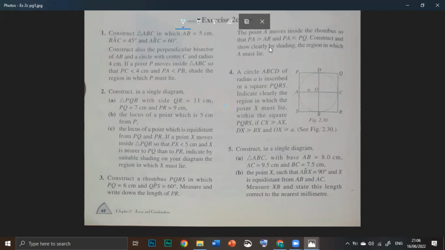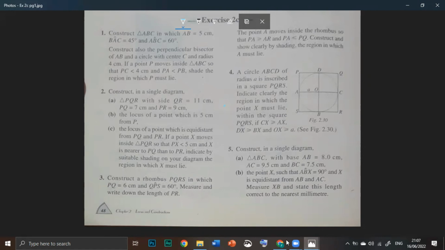The point A moves inside the rhombus so that PA is greater than or equal to AR, PA is greater than or equal to PR, and PA is less than or equal to PQ. Construct and show clearly by shading the region in which A must lie.